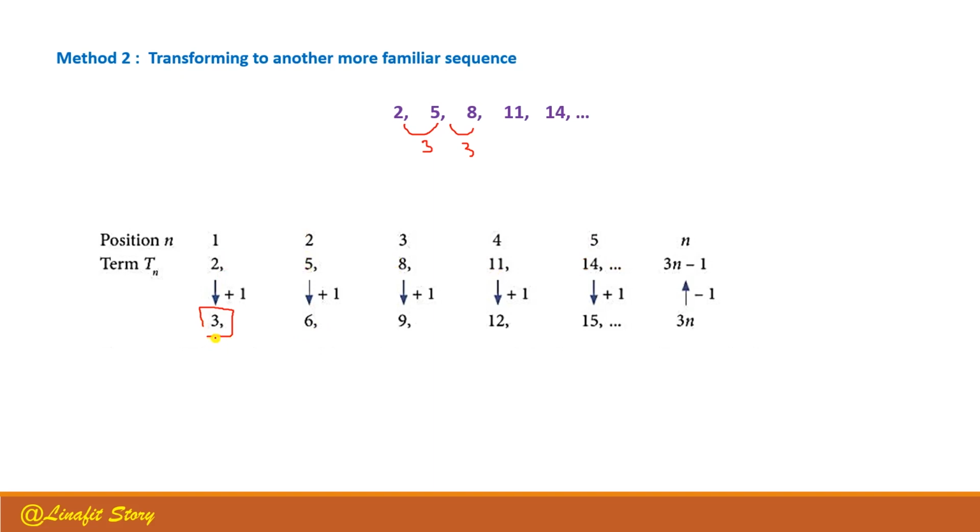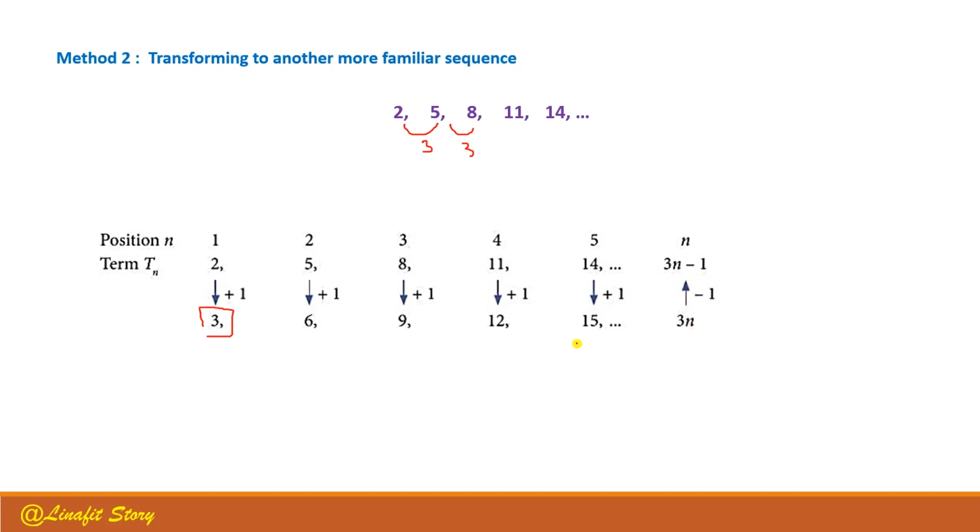Multiples of 3 are 3, 6, 9, 12, 15, and so on. 2 plus 1 is 3, 5 plus 1 is 6, 8 plus 1 is 9, 11 plus 1 is 12, 14 plus 1 is 15. Since we add 1 to each term of the original sequence to obtain the corresponding term in the new sequence, we will have to subtract 1 from 3n, as we are moving backward, to get 3n minus 1.